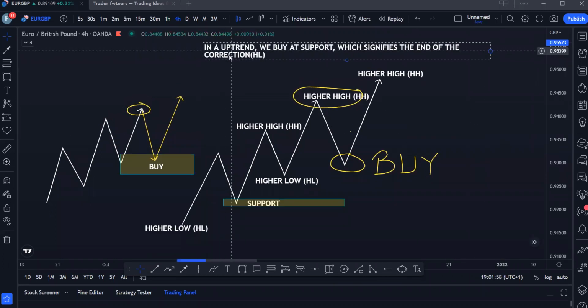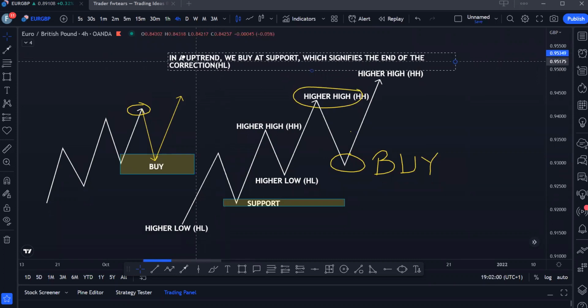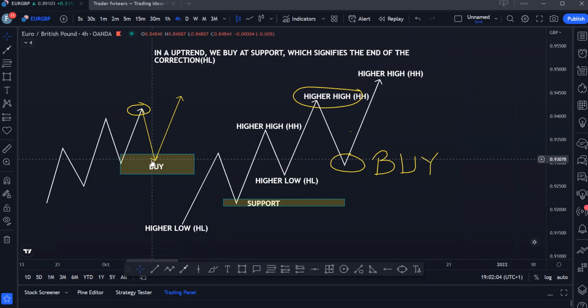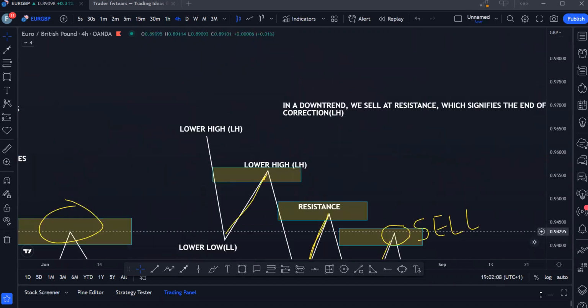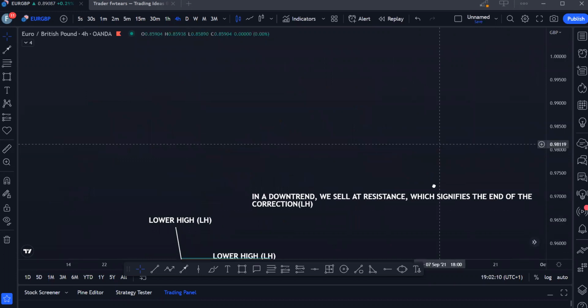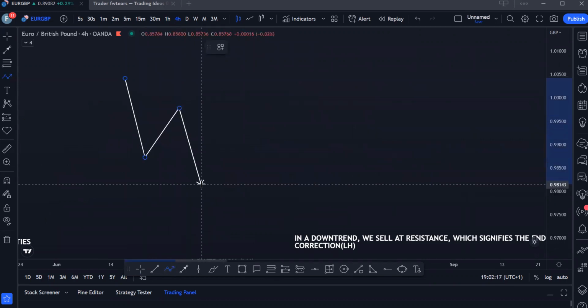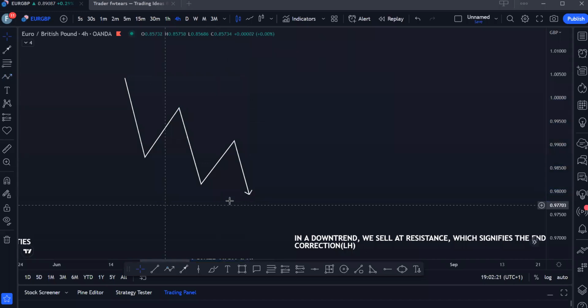In an uptrend, we buy at support, which signifies the end of the correction. On the flip side as well, I'll just show you that again. For a downtrend, let's say when you enter the market, price was like this. Price is in a very clear downtrend.